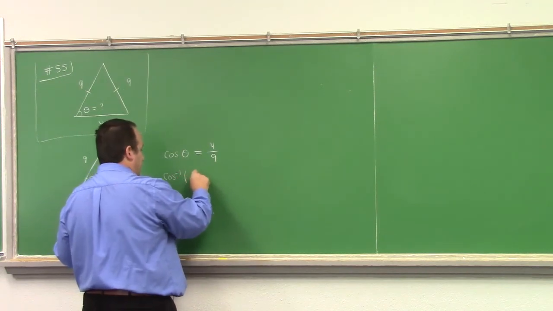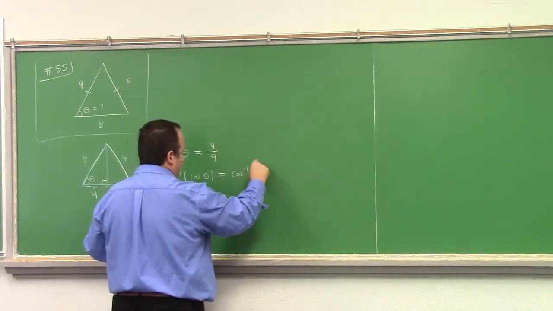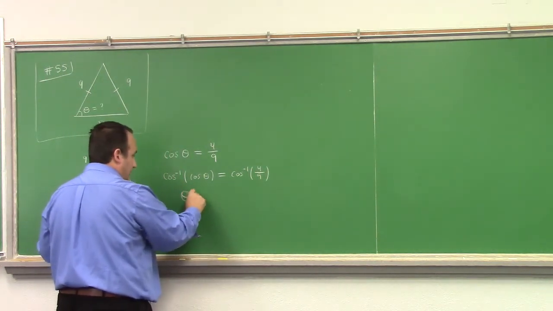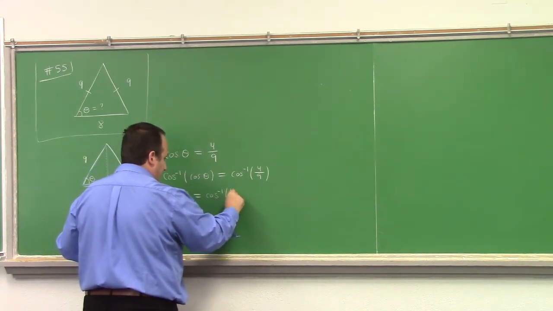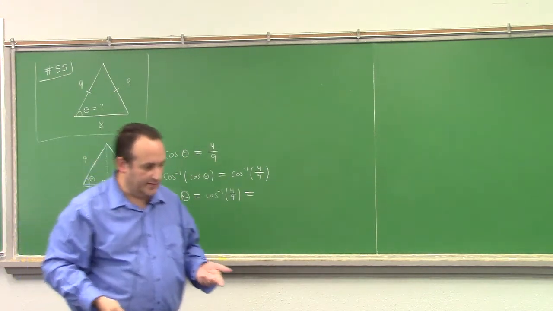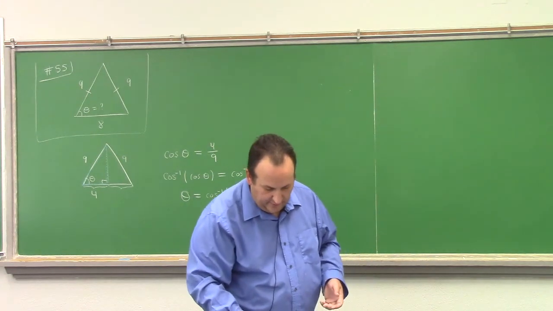Inverse cosine of cosine theta is inverse cosine of 4/9. So that tells me theta is the inverse cosine of 4/9. And we can figure whatever that is out using our calculator, right? 1.11. Yeah, 1.11 radians.